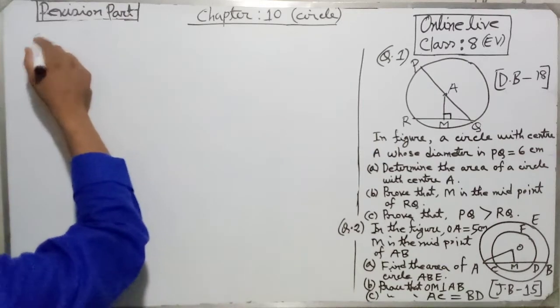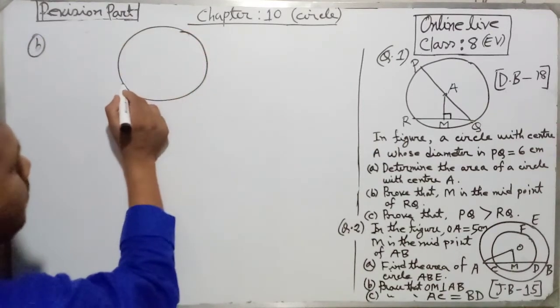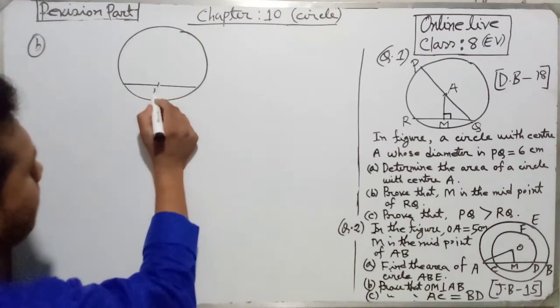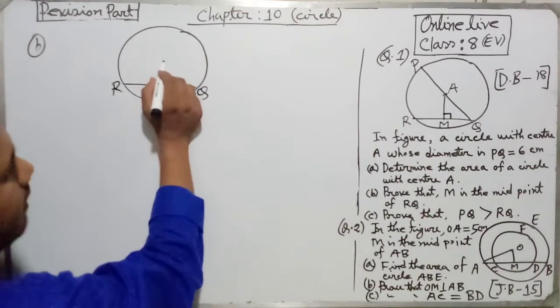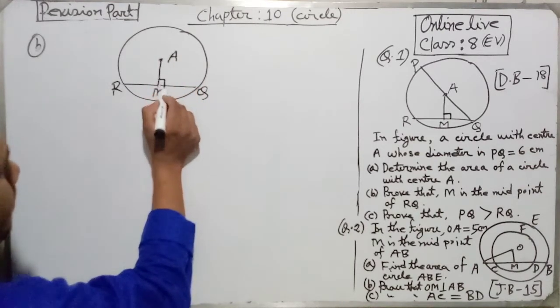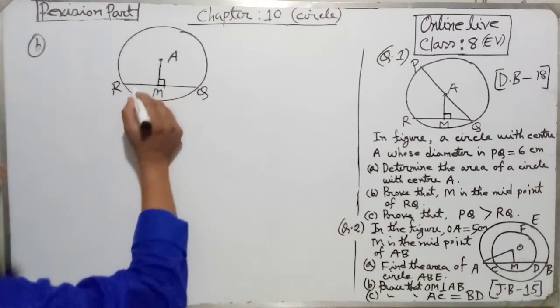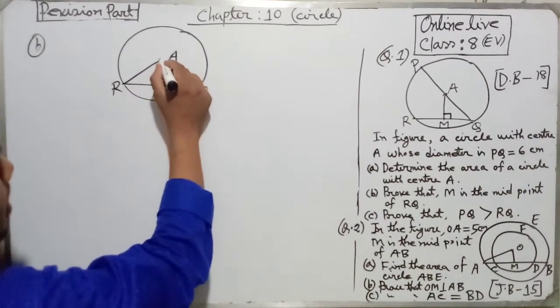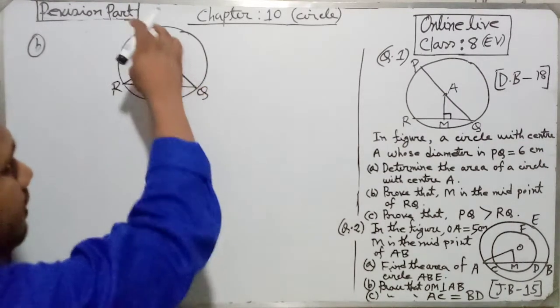Now suppose this is B. We have to prove that M, this M, is the midpoint of RQ, and another A. Not necessary to write another one.